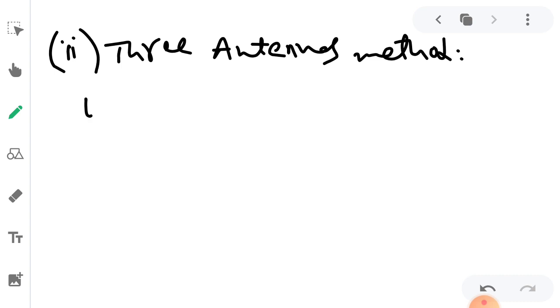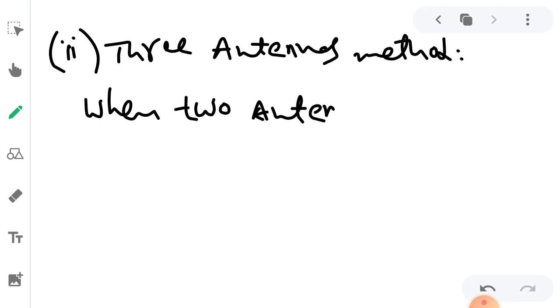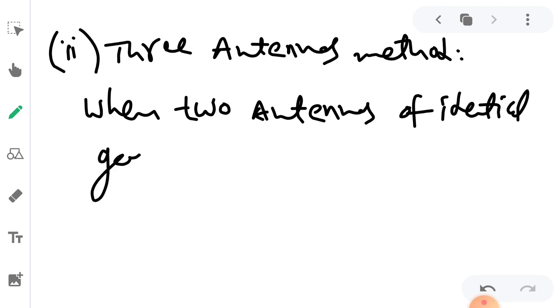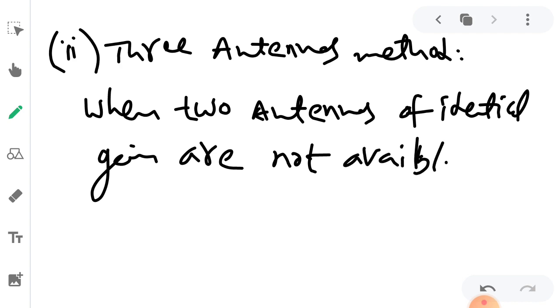Okay, that you have to remember, when two antennas of identical gain are not available, then the three antenna method is used.